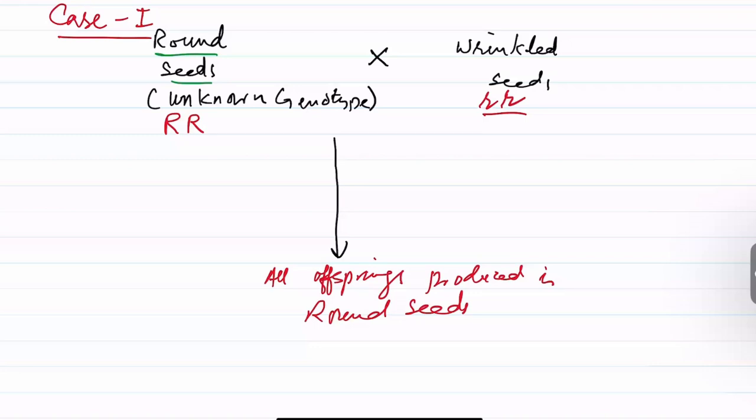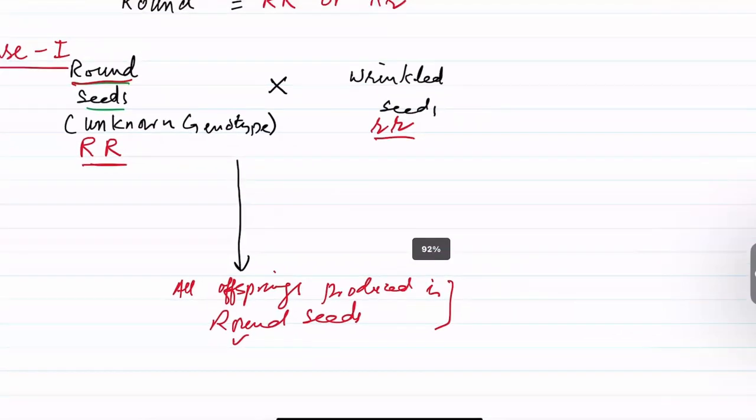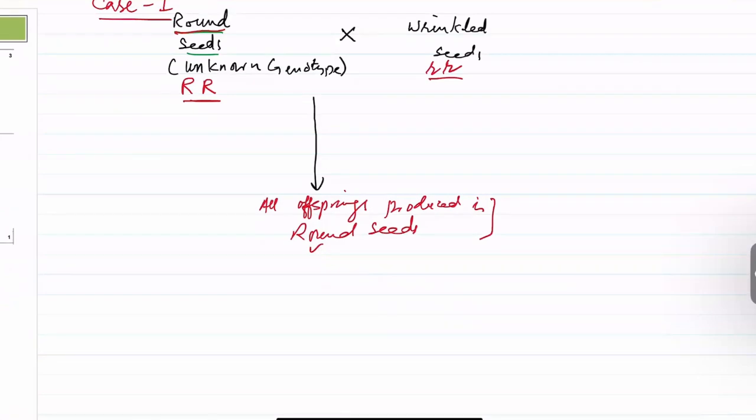Okay. As it is a round, for sure we know that one of the allelic pair must be R capital. What is the other one? If the other one is r small, at least a few of the offspring produced should have inherited this r small. So as there is not even a single individual produced in this offspring with wrinkled seeds, it means that it is likely that the other one is an R capital. Okay. This is case one.